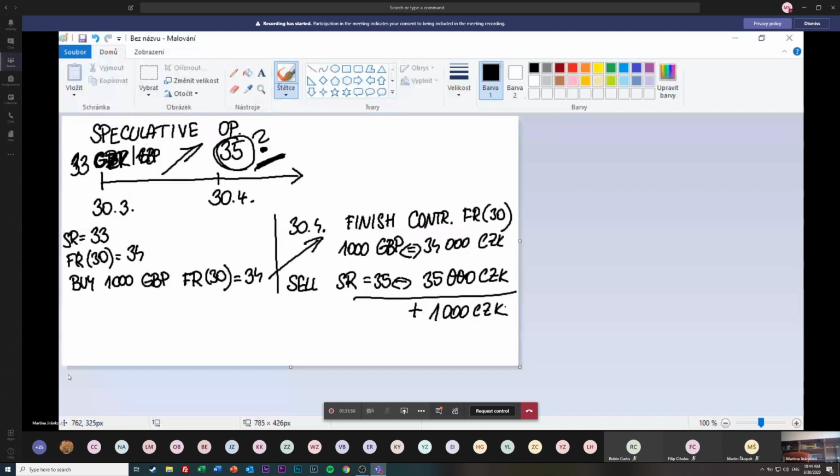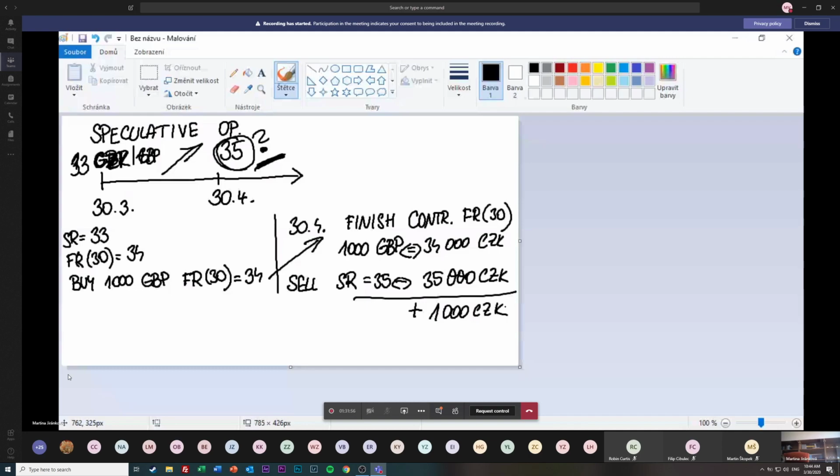Maybe you can ask me whether I could buy all of it at the spot rate. So you can see it. I could buy 1,000 here and I could sell 1,000 here and I would have a profit of 2,000 Czech crowns. But there is one important moment. As a speculator, I have no money.